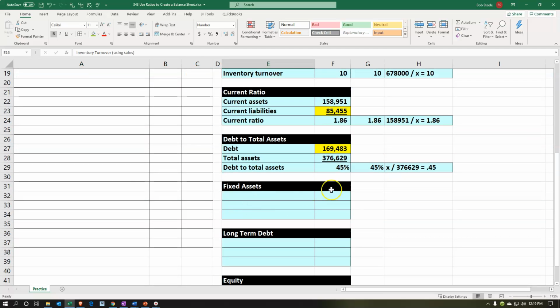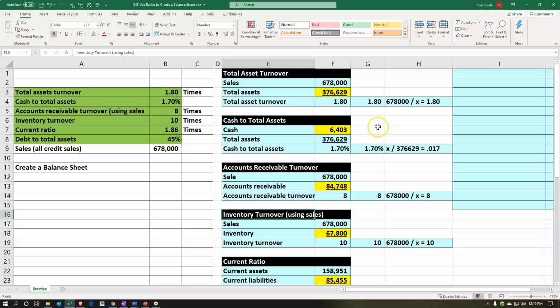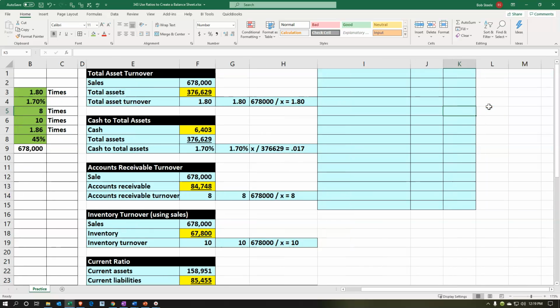Now we've got a couple more here that we're going to think about. Let's first start to construct the balance sheet, because we've found what we have been given, and then we'll see what we're missing and go back in and put this thing together. So for the balance sheet, we'll start with the assets, and we're going to say we have current assets.